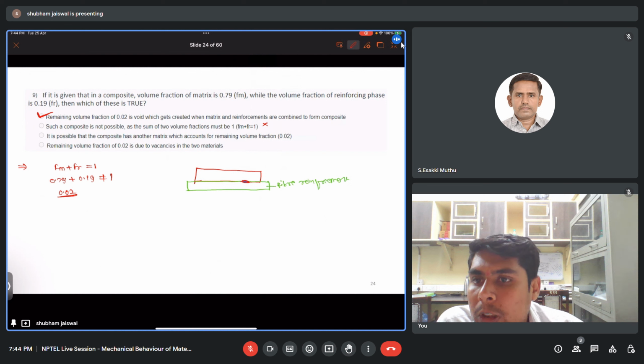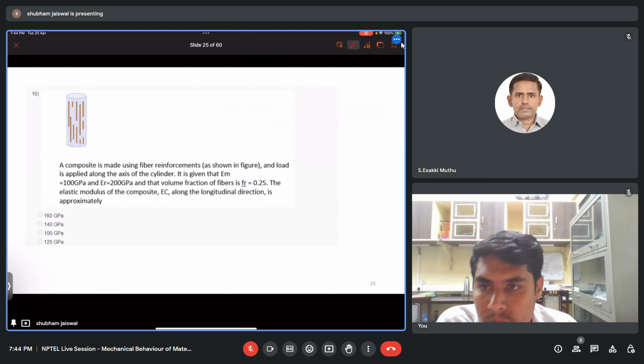It is possible that the composite has another matrix which accounts for the remaining volume fraction. This is also not correct. And the last one we have discussed in the quick recapitulation, so this is also not correct.